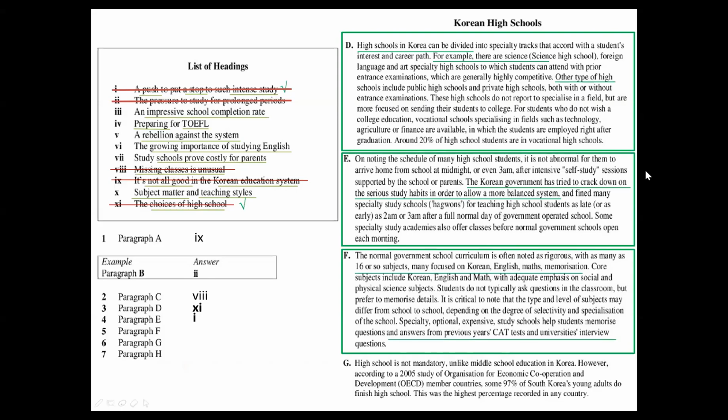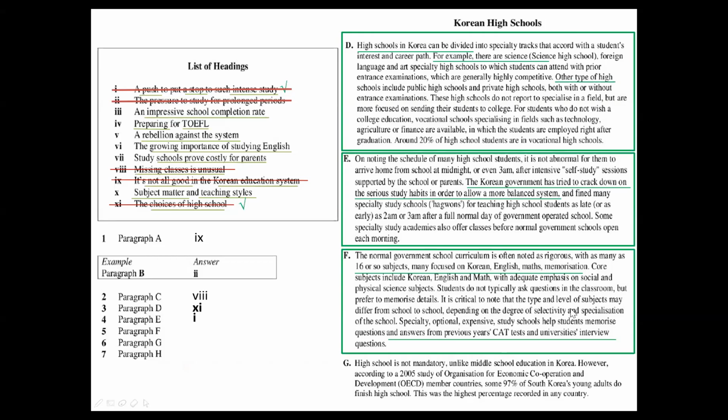Paragraph F, here we have, as Mr. Noval said, the keywords with as many as 16 or so subjects. Many focus on Korean, English, maths, memorization. Core subjects include Korean, English, and math. It means with adequate emphasis on social and physical science subjects. It means that a subject matter. And then students do not typically ask questions in the classroom, but prefer to memorize details. It is related to teaching styles.